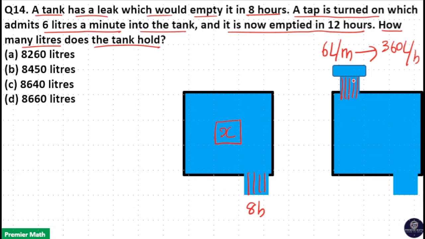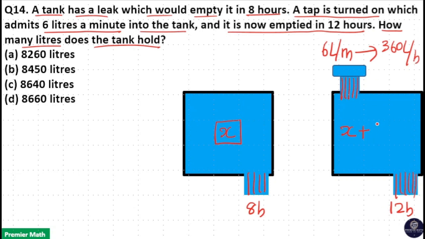Now after turning on this pipe, this leak will take 12 hours to empty this tank. That is, in 12 hours, already there is X liter of water present in this tank, and in 1 hour 360 liters filling by this pipe into this tank.